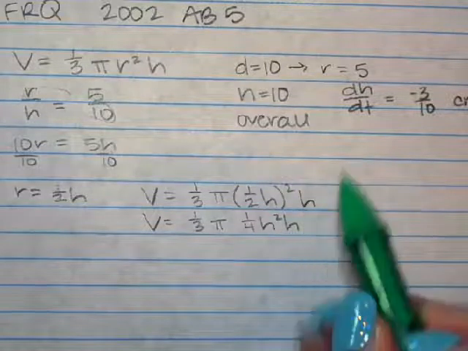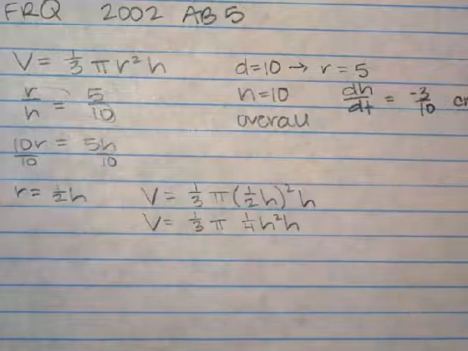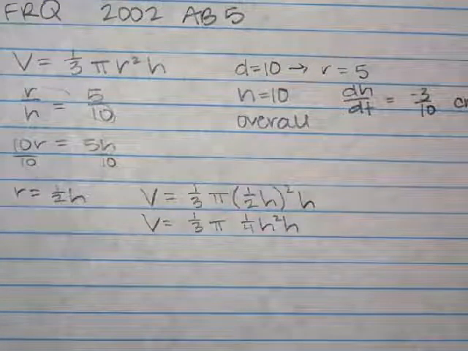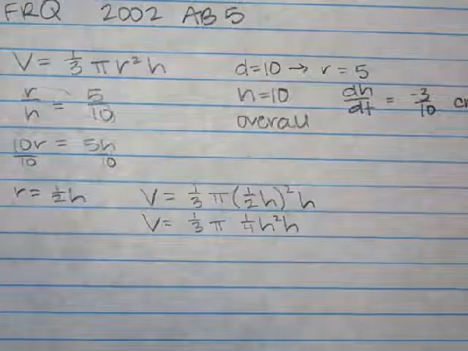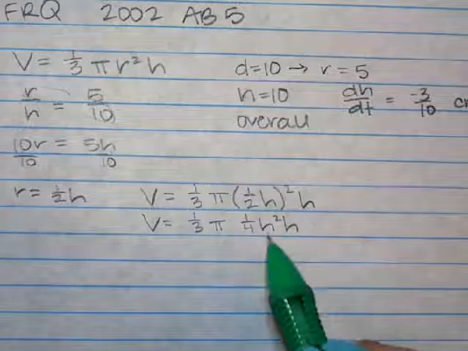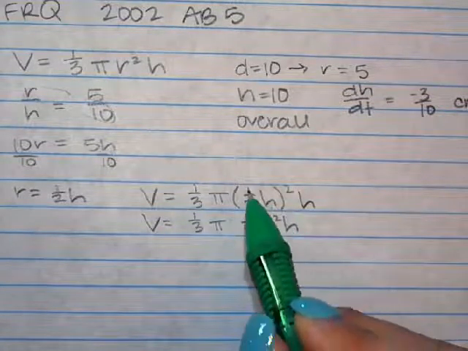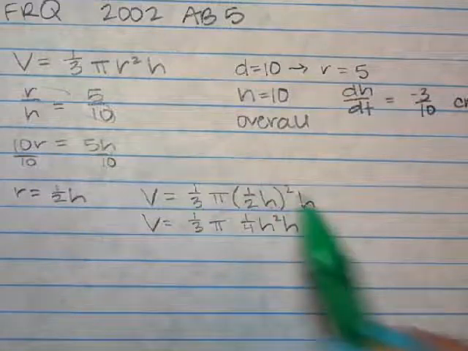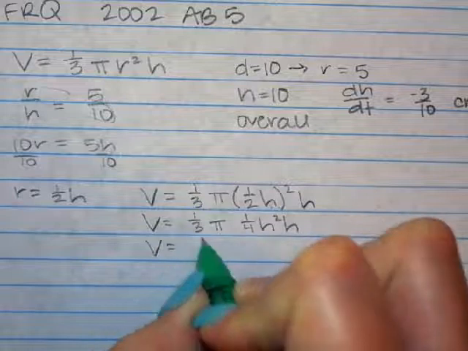The 5 changes depending on what the height is, because it's not a cylinder, it's a cone. This is us saying that no matter what the height is, the radius is 1/2 of the height. So we're allowing it to change. Okay, so there's our new formula.